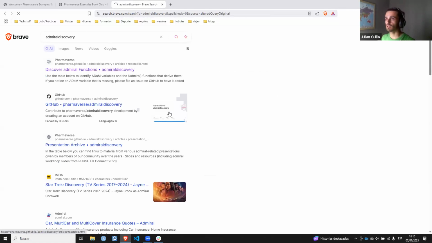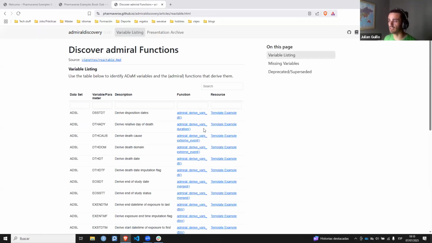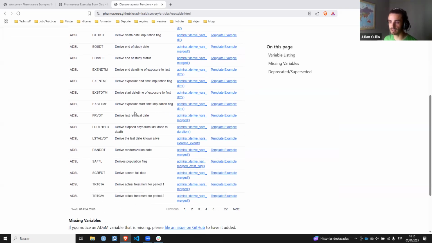Yeah. So I already showed this website in the last presentation, but I think it's quite useful. Because when you are a bit lost on what variable belongs to what data set, what that variable stands for, and what function from Admiral you are going to need to derive it, you can use this website.